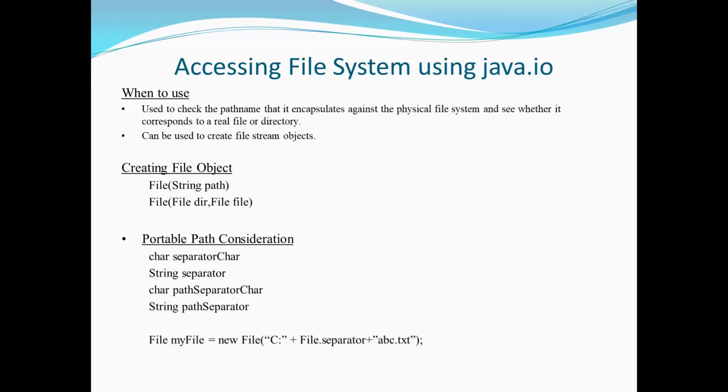Use it to check the path name that is encapsulated against the physical file system and see whether it corresponds to a real file or directory. This is a one line explanation.